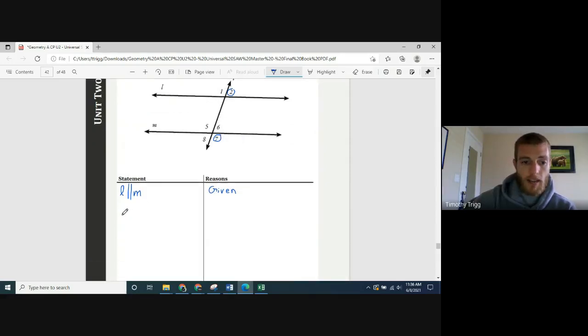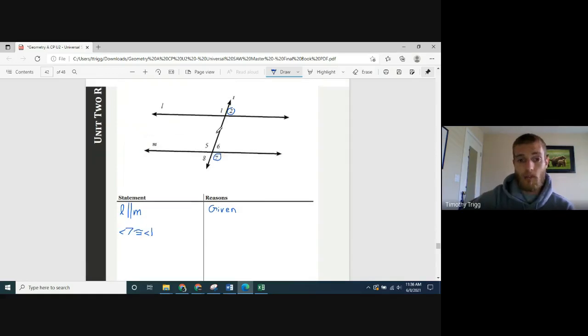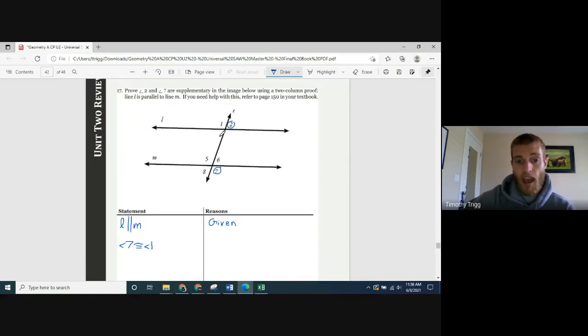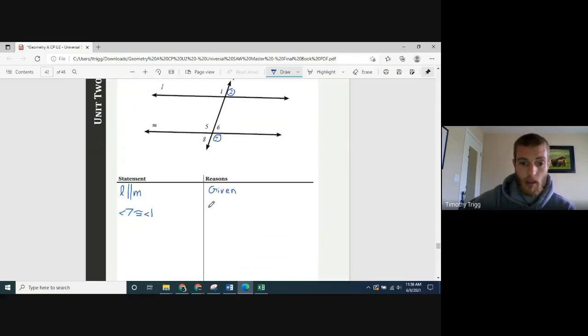In other words, angle 7 and angle 1 have the same measure. And how do I know that? Well, they're alternate exterior angles, and alternate exterior angles are always congruent when you have parallel lines. So angle 1 and angle 7 are congruent.